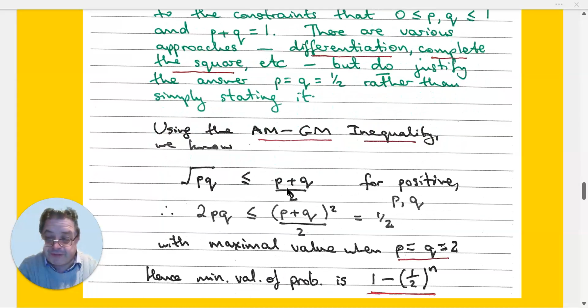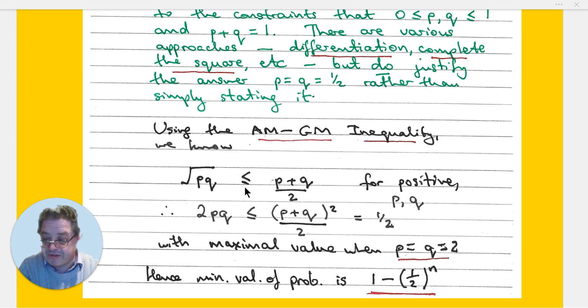I'm going to use the famous arithmetic mean, geometric mean inequality that says that for any two positive numbers, the geometric mean, the square root of pq, is less than or equal to the arithmetic mean, (p plus q) over 2. And we have equality only when p equals q.